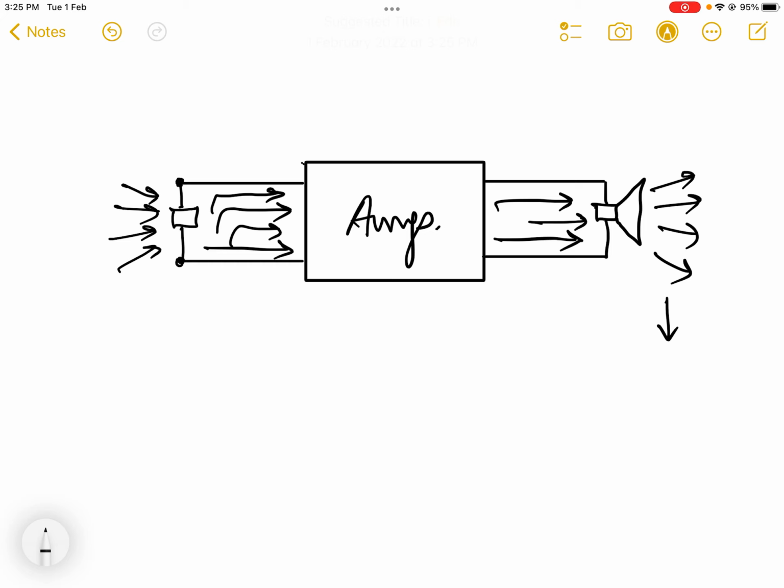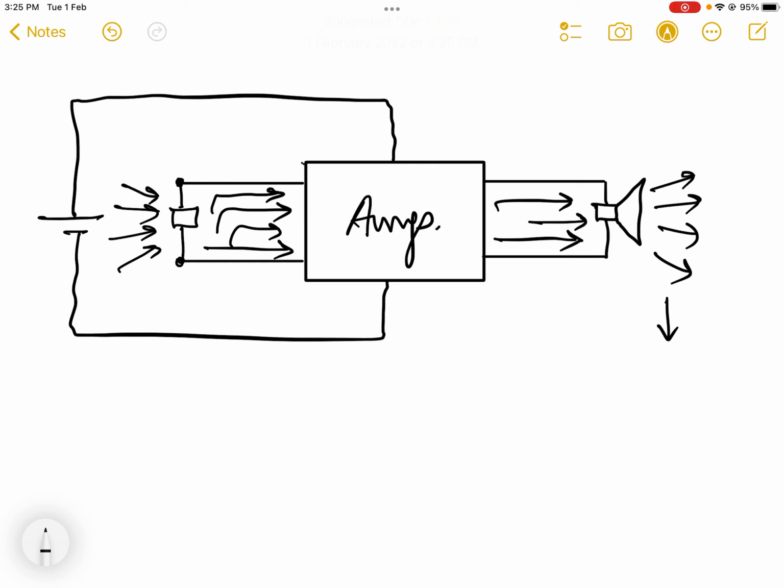Now you might be wondering how it happens, where the amplifier is getting that much energy to produce a strong output. For that we have to understand that whenever we talk about an amplifier, we assume that the amplifier circuit is connected to some kind of external battery. It is generally not shown in the amplifier circuit, but we have to assume that the amplifier is working on an external battery, and that is a very important part, because an amplifier cannot produce its own energy.